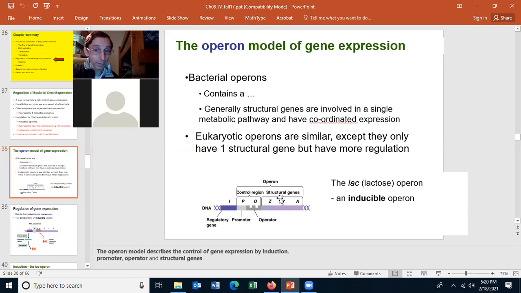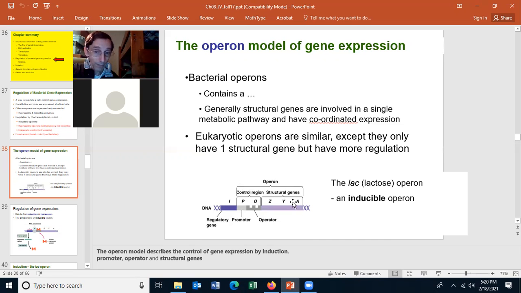Eukaryotic operons are similar to prokaryotic operons, but there is one exception. Each operon in eukaryotes has one and only one structural gene in the operon. And we humans have the Z gene that encodes the enzyme lactase, and the Y gene that allows the sugar lactose to get across the cell membrane, and the A gene that helps convert the sugar galactose to glucose.